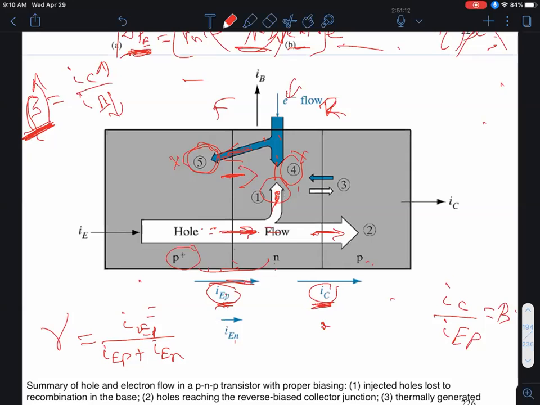How do I make it as high as possible? I make the emitter very, very highly doped, okay? Now, if I make the emitter highly doped, is that going to increase this current? No, that will reduce this current, right? Because remember, the current depends on Ni square over Na for this component, and this current depends on Ni square over Nd in this direction.